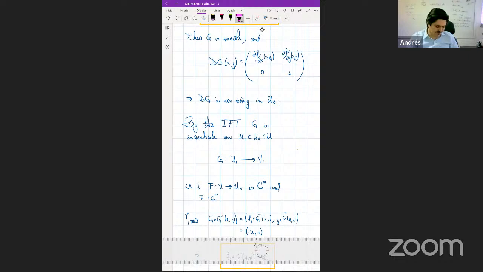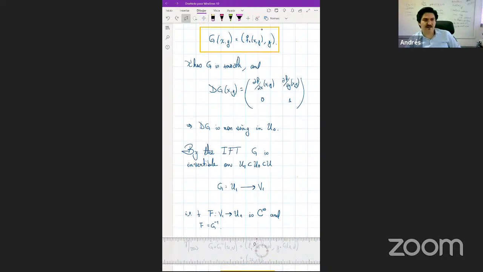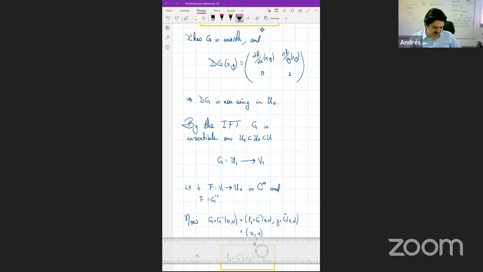Okay, now let's compute this. We know that it is the identity. And from this, I would like only to recover this. Let me go up just to remind you the definition of G is there on the top. G is F1, y.